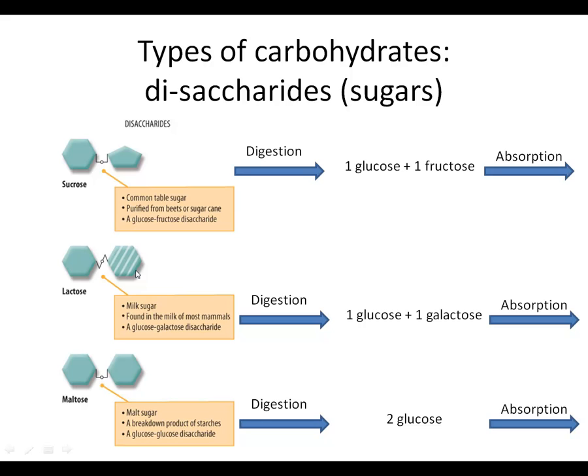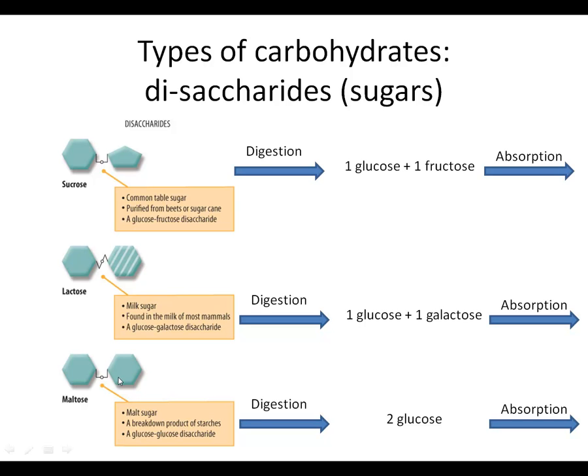So the three most common disaccharides are sucrose, lactose, and maltose. And these are formed from the combination of two of those monosaccharide subunits that we saw. So sucrose is a fructose hooked up to a glucose. Lactose is a glucose hooked up to a galactose, and maltose is two glucose units hooked together.